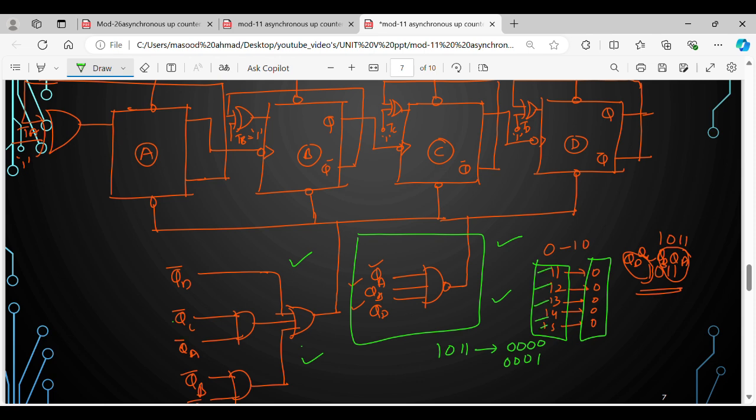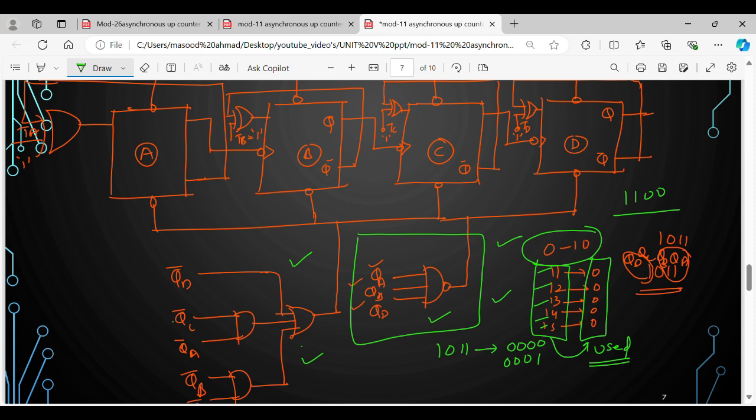What are used states? 0 to 10 are used states. For all unused states too, we are going to a used state. That means your circuit will not get stuck in any unused case. Let's say in this register, due to some error or noise, it is loaded with 1100. What is the next state? The next state is not defined if I solve it like this.